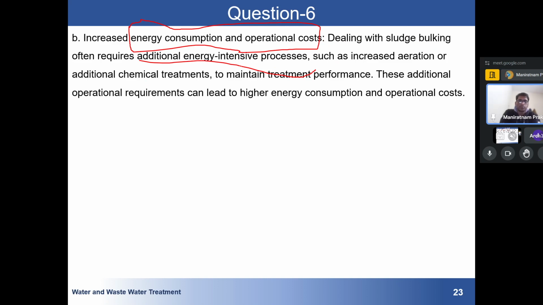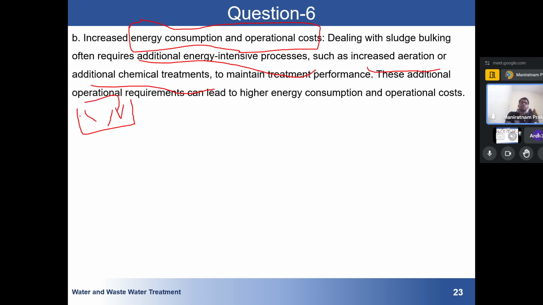So for removal, some energy is required, such as increased aeration. The different methods adopted are that aeration can be increased or some chemical treatment added. Now in your tank some filamentous growth is there and you want to remove it, so either you can provide some oxygen so that it can be degraded, or you have to add some chemicals from outside.